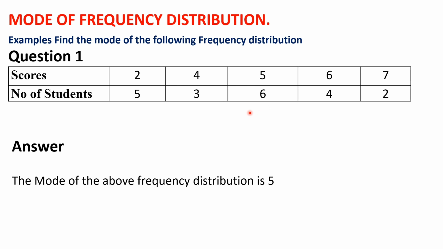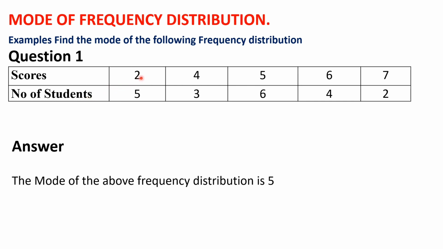Don't forget that I told you that frequency tells us the number of times each element or observation repeats itself. Are you getting it? So the number of times in which an element or observation repeats itself is known as the frequency. And if you look at this question number 1, we have the scores and the numbers of students that has each score. Now, what is the frequency? The frequency is the numbers of students that has each score.